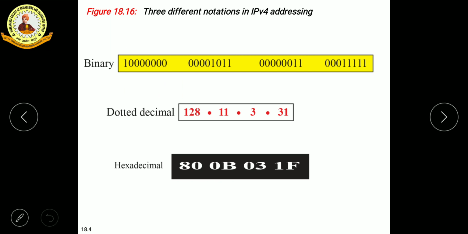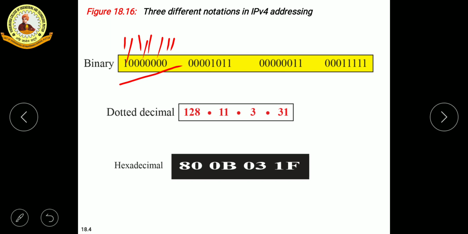Coming to dotted decimal notation, to make the IPv4 address more compact and easier to read, it is usually written in decimal. That is why this dotted decimal notation came into existence. Because each byte is only 8 bits, each number in the dotted decimal notation is between 0 and 255. So if all the bits in this octet are 1, then it will be 255, right?